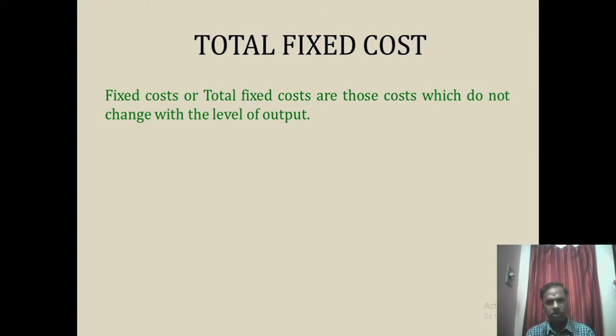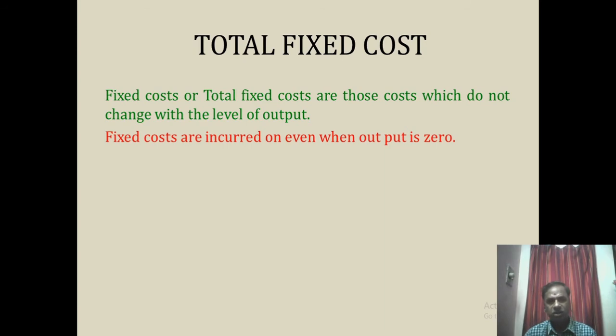Even before starting the production, he has to pay municipal taxes, he has to pay insurance premium, he has to pay salaries to the security staff. So these costs are incurred even at the zero level of output. Even at the increased level of output also, this cost will be the same.